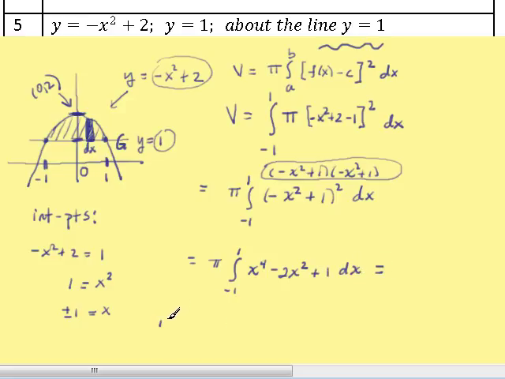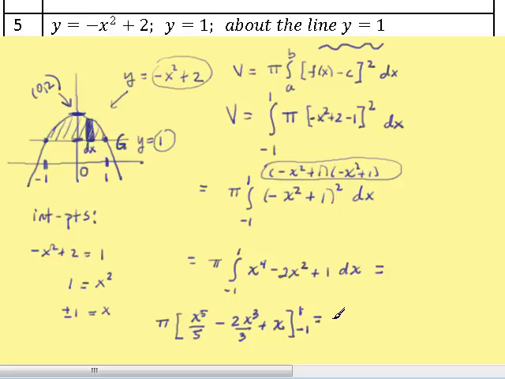All right, let's integrate this. First term, x to the 5th over 5, using the power rule, minus 2x cubed over 3, plus x. And we're evaluating from minus 1 to 1. Start substituting in.